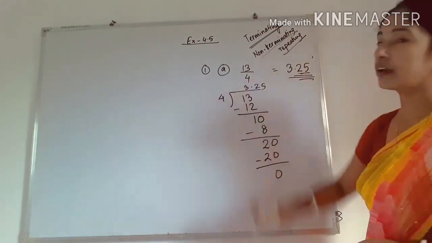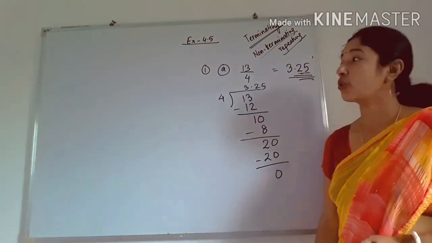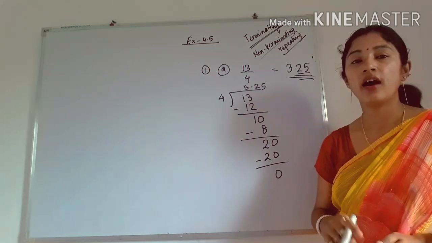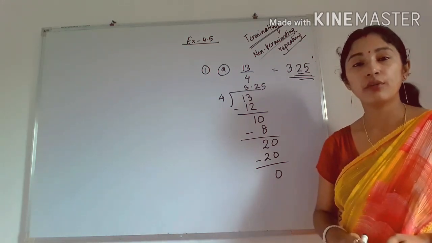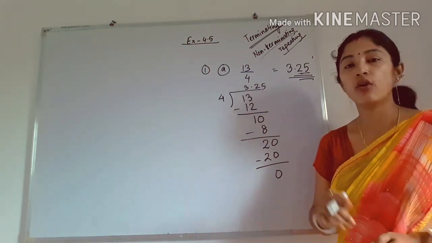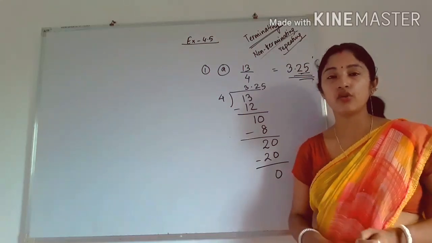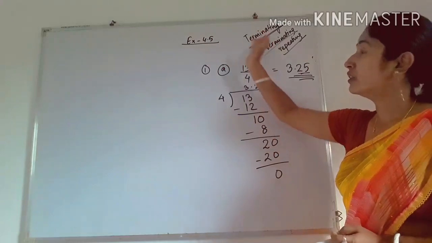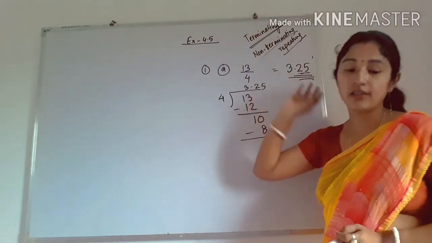Non-terminating and repeating decimals are also rational numbers. But non-terminating and non-repeating decimals are not rational. They are called irrational. I already told you, but these points you have to remember. These two come under rational numbers.